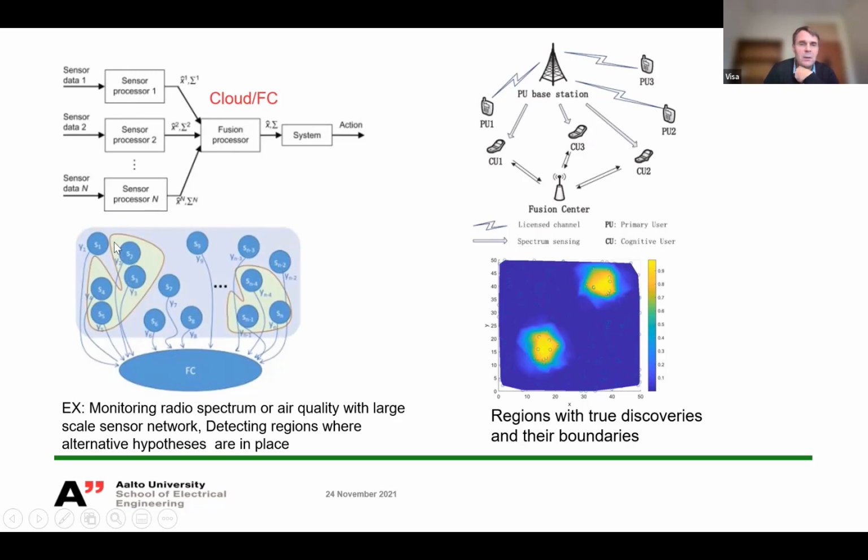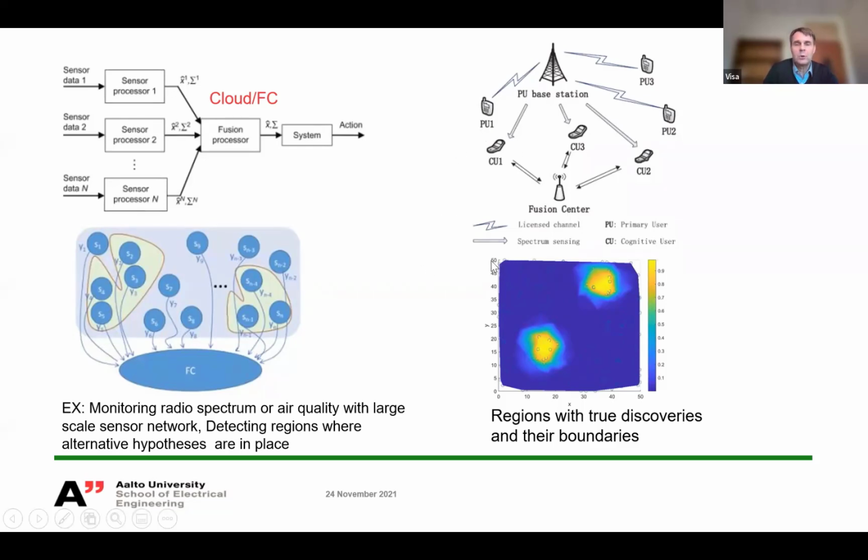In the picture, the sensors are in distinct locations, and you wish to, for example, characterize these greenish areas where you have some change in the behavior or some anomalies or the probability model has changed. One prime example is the radio spectrum, if you want to identify the areas where the spectrum is either idle or unoccupied, or the spectrum is congested or even contested.